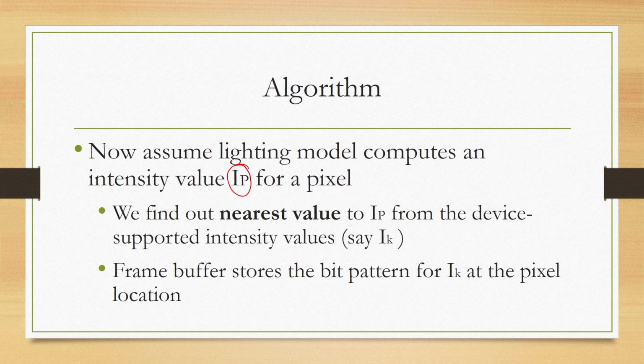Now, we will maintain a table. In the table, we will maintain the intensity values supported by the device, which we compute using the earlier equation. So, that is I 0 which we get with photometer, I 1, I 2 this way to I n.